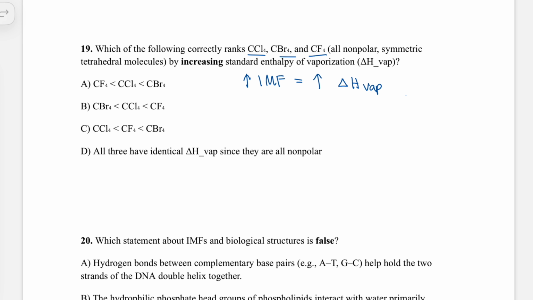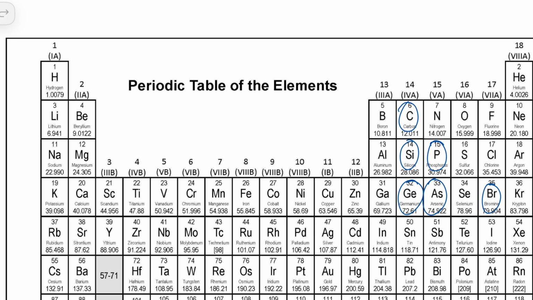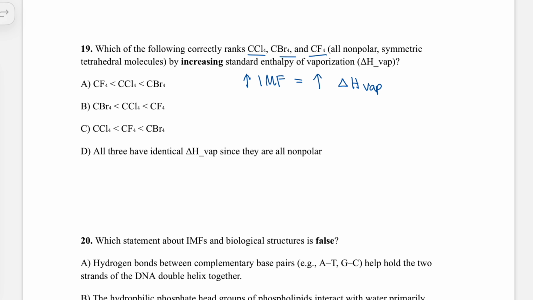And then remember what impacts LDFs, it's the molar mass. So we have Br, F, and Cl. So bromine is going to be the largest molar mass, and then fluorine is going to be the smallest. So we order it like this. So it's A.